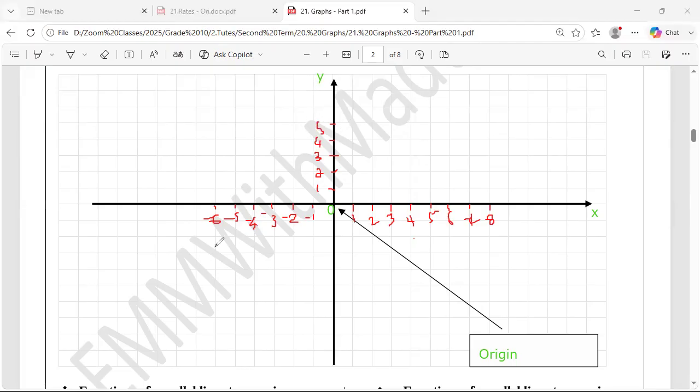Right? So when you are marking this dash line with a marker, don't mark it like this. Don't do like that. Start from here, on top of the x-axis, then go down.